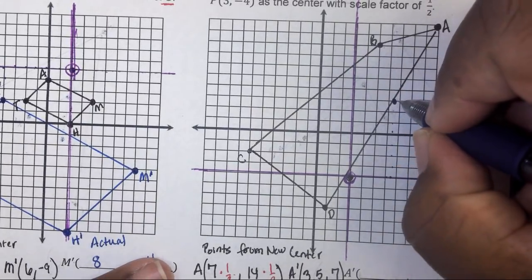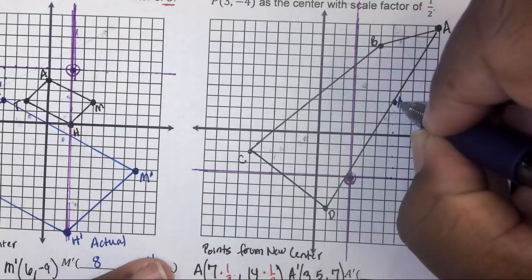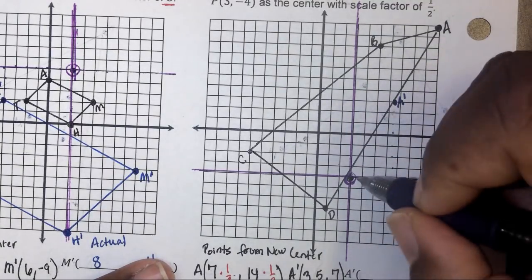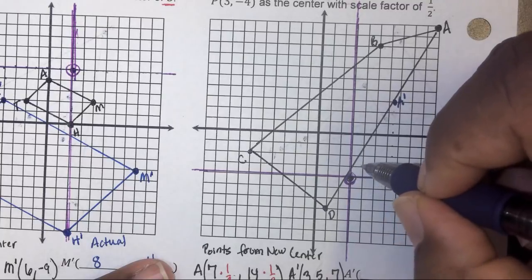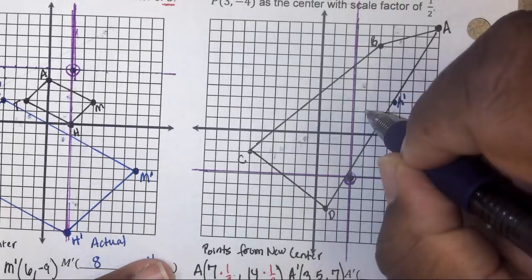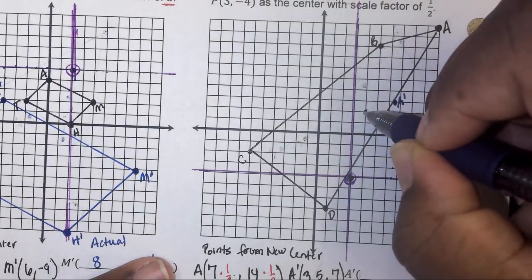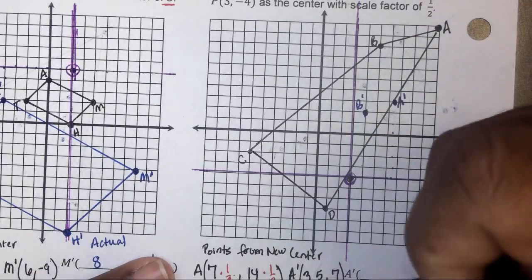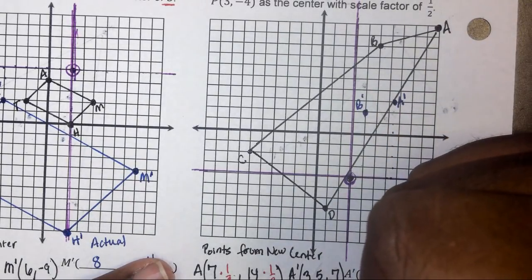That's gonna be A prime. Next one is gonna be at (1, 6) from this point. Over 1, up 1, 2, 3, 4, 5, 6. So right here, call that B prime.